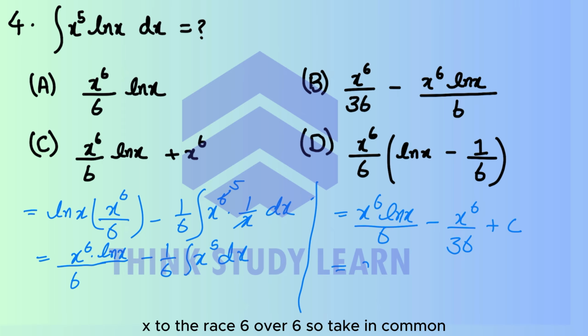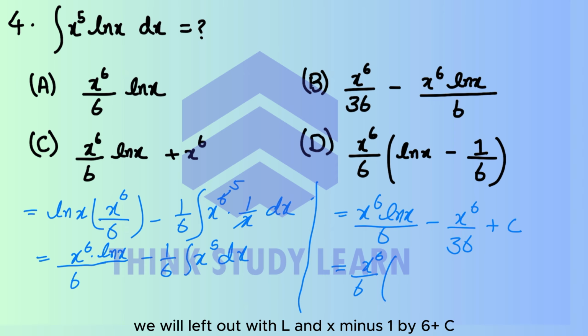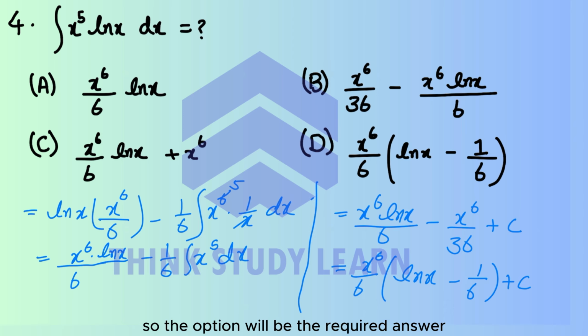Taking common, we are left with ln x minus 1 by 6 plus c. So D option will be the required answer.